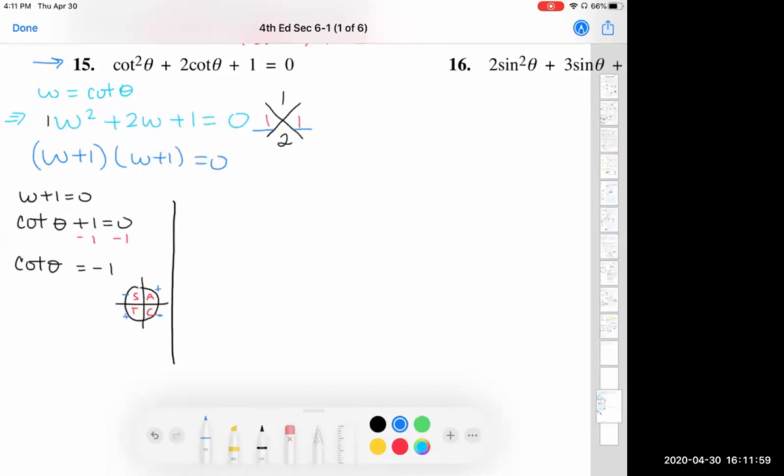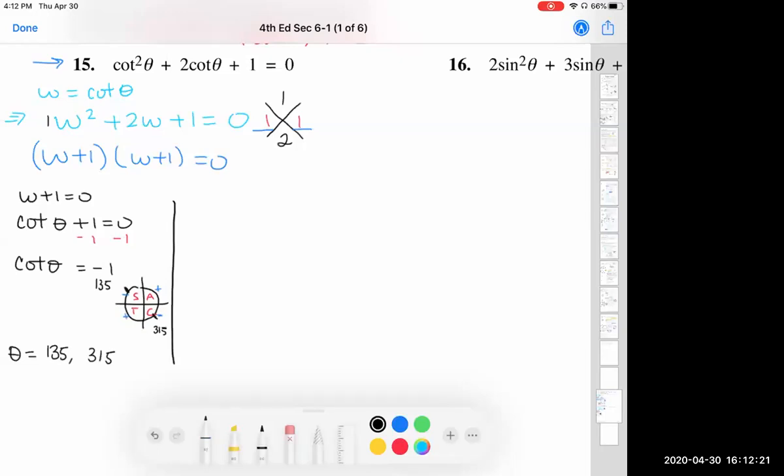And cotangent is 1 at the 45 tick mark, so right here at the 45. So we'll have 135 degrees and 315. So my answer for the first one, theta is 135 and 315.